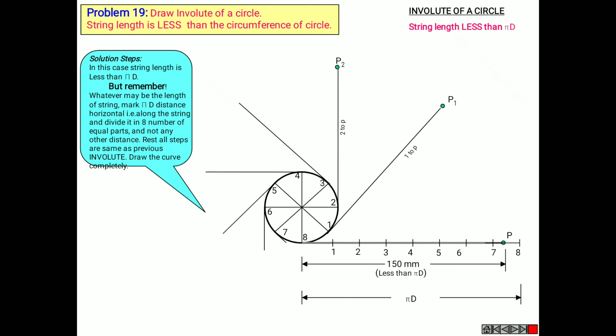So repeat the same from 3 to P, 4 to P, and so on up to the end. See this, from 3 to P, 4 to P, 5 to P, 6 to P, 7 to P, and 8 to P.